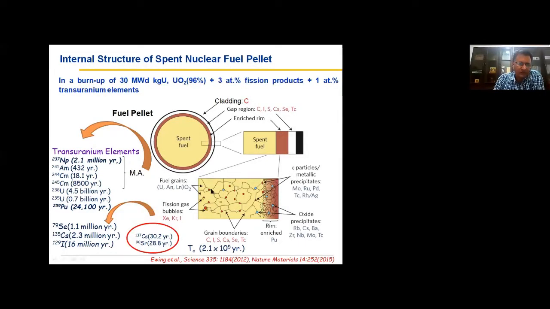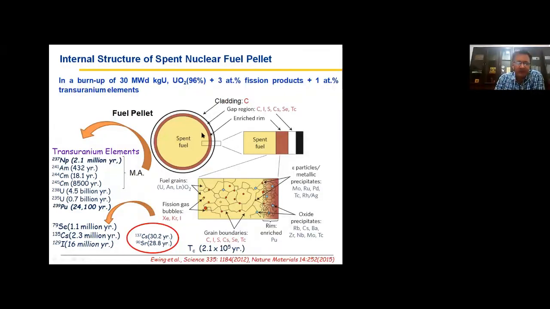And at the grain boundary, you know that during nuclear reaction some gas is also evolving, like xenon, krypton, and iodine. And these gases accumulate at the grain boundaries and form bubble-like things. As a result, it also leads to degradation in the mechanical property of the fuel pellet.